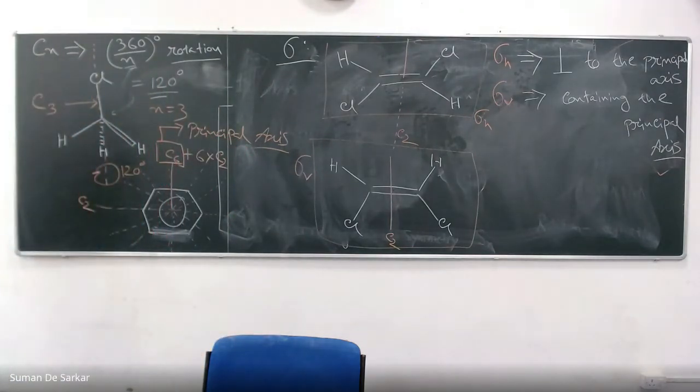I think you got your answer. Why are sigma v and sigma h important? We'll see it later on, but we'll go back to benzene now and discuss the sigma there.